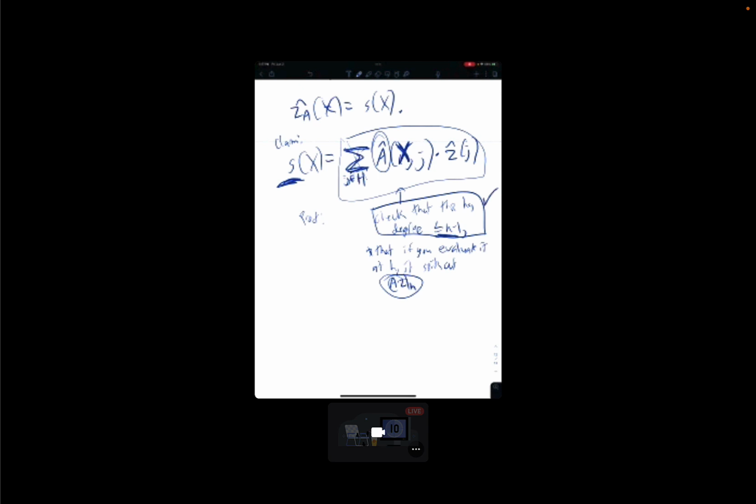And then the second thing, checking that if you evaluate the right-hand side at any nth root of unity little h, it spits out the hth entry of A times Z. Well, that's just the definition of matrix vector multiplication. That's just the fact that A times Z, hth entry, is the sum over all columns J of A of h comma J times Z of J. This thing is the same as this thing, just because A hat and Z hat are defined to be extension polynomials of A and Z, respectively.